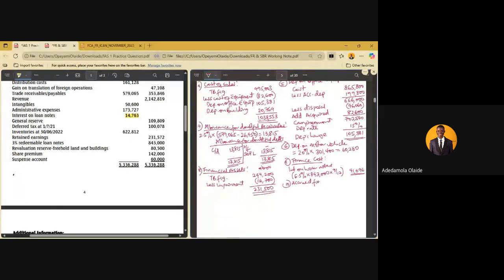Finance cost on the loan is 41,096 less the payment, the interest on loan notes, 14,763, and that will give us how much?